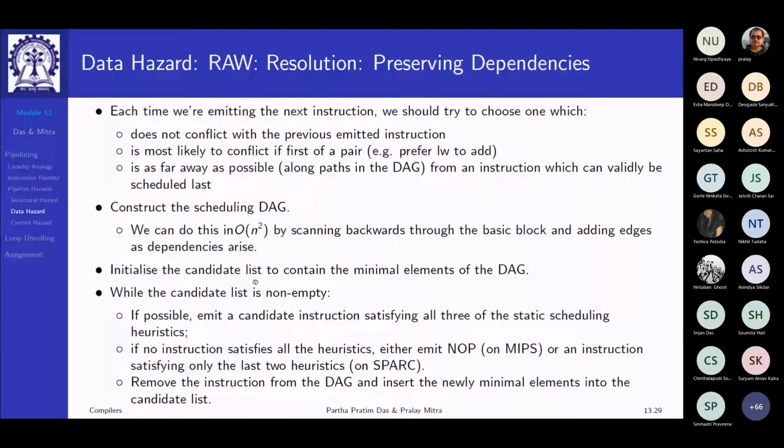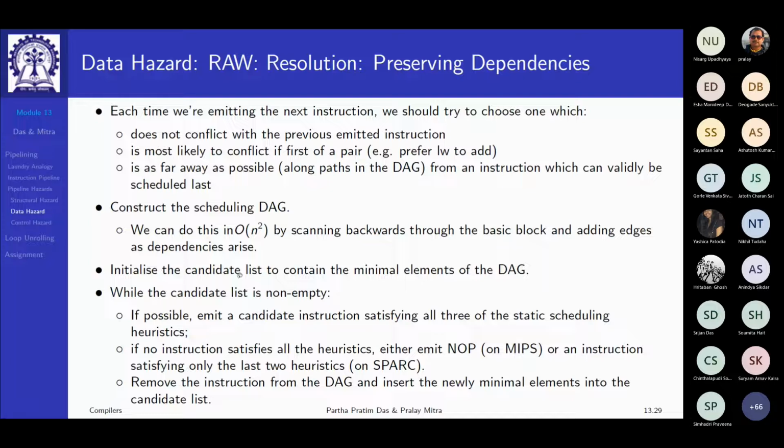That is for making the choice with the heuristic. So at any point of time, if there is only one instruction which is valid to be scheduled according to the dependency, there is nothing to do. But usually there will be a few. So that forms the candidate list. So we will have to work on that candidate list.